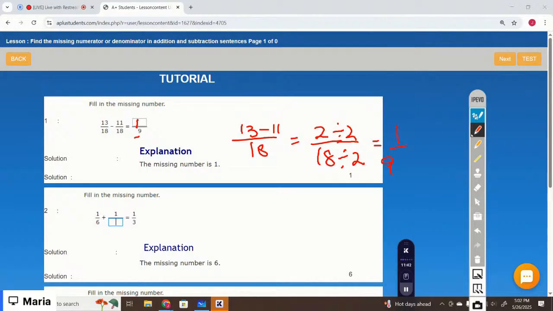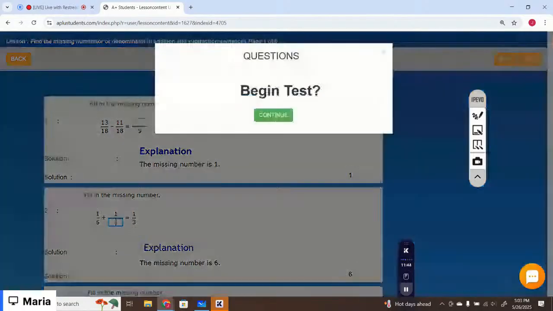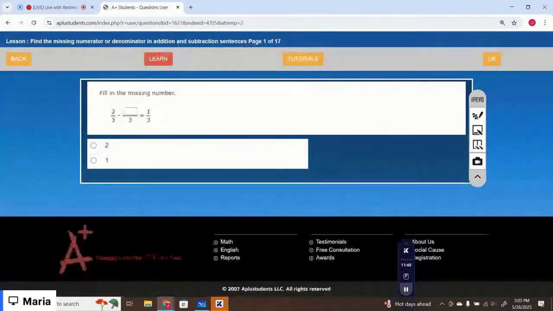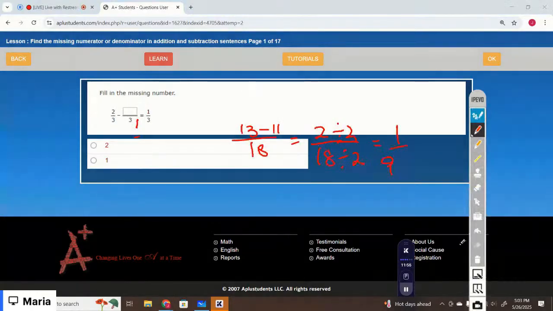Let's just start with the test questions. 2 over 3 minus the missing number over 3 equals 1 over 3. They both have exactly the same denominator, which means you simply need to subtract their numerators. So 2 minus what number is 1? 2 minus 1 is 1, isn't it?